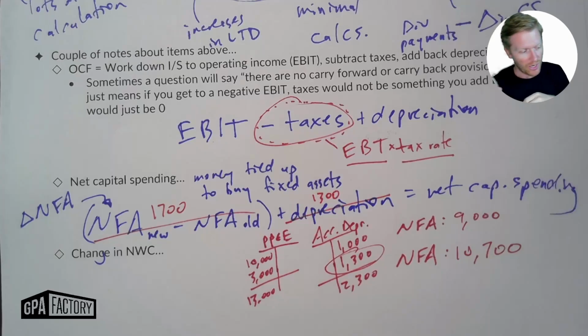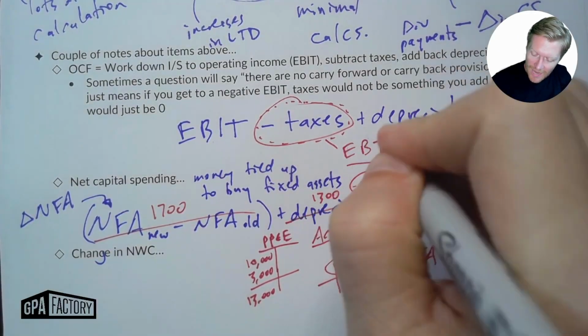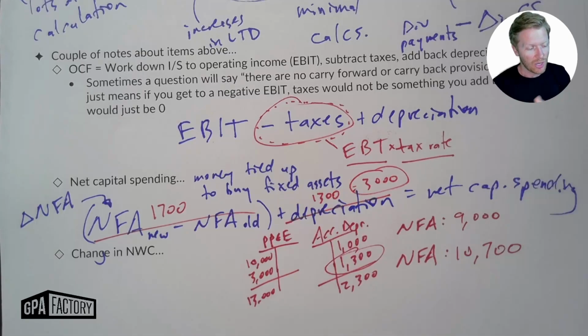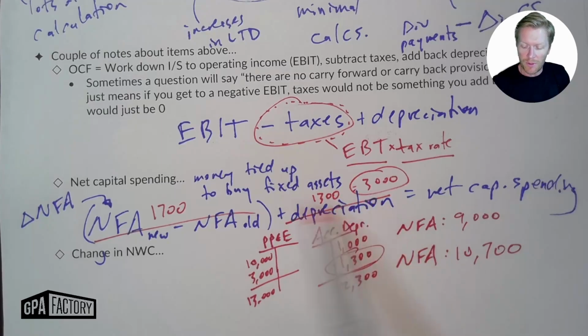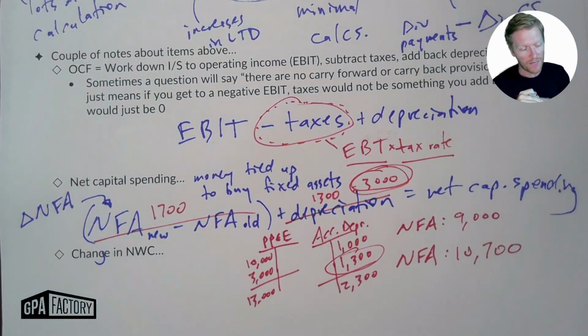There we go, 1,300, and we end up getting 3,000. Okay, as the cash that we actually used to purchase new property, plant, and equipment. So part of this net fixed assets went down because of this depreciation, but we bought $3,000 total of PP&E. So that's how much money we actually spent or was tied up in purchasing fixed assets.